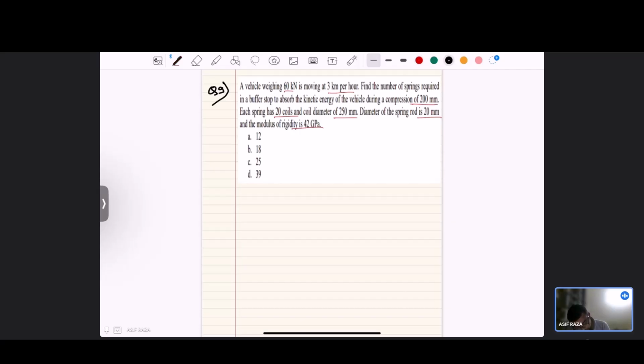So, vehicle weight I can write as 60 kilonewton, that is 60 into 10 power 3 Newton.